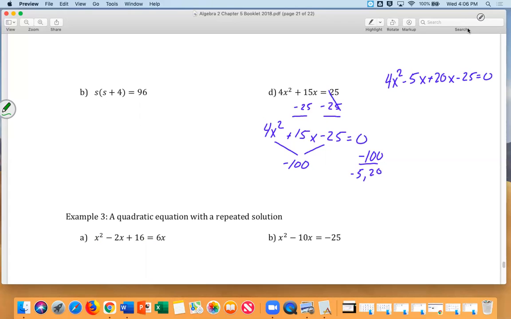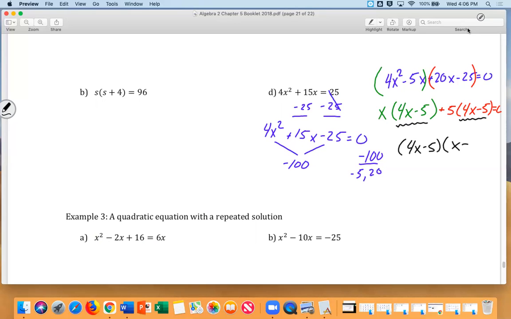All right, I'm going to group this together. I'm going to factor out an x from that, and I get x times 4x minus 5. This, I'm going to factor out a 5, which gives me 4x minus 5, and this all equals 0. That leaves me with, this is shared, this is shared, 4x minus 5 times x plus 5, because that's what's left, equals 0.